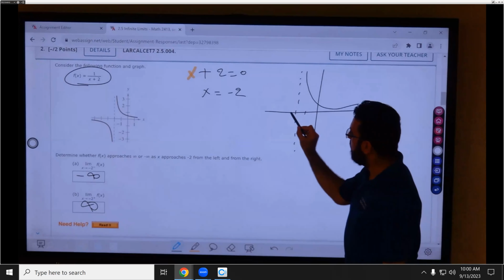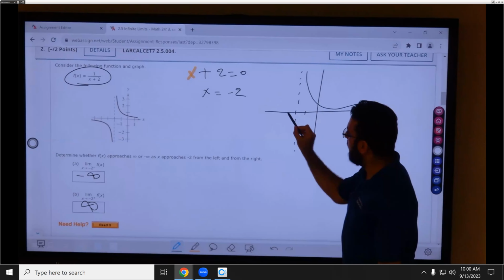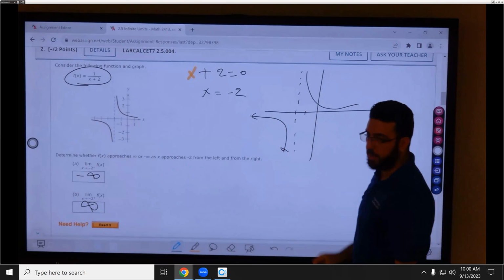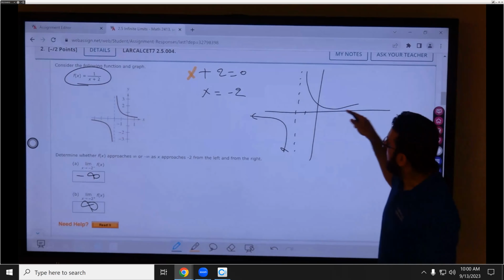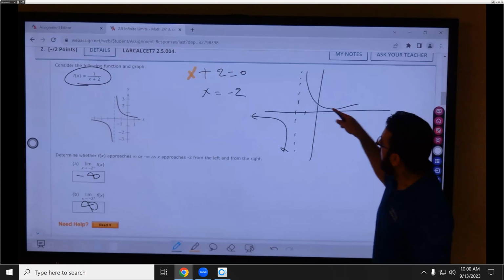Then pick -3, -4, -5, and you're gonna get this side. Okay, that's the way to graph it. The limit goes to infinity on one side, negative infinity on the other. That's it.